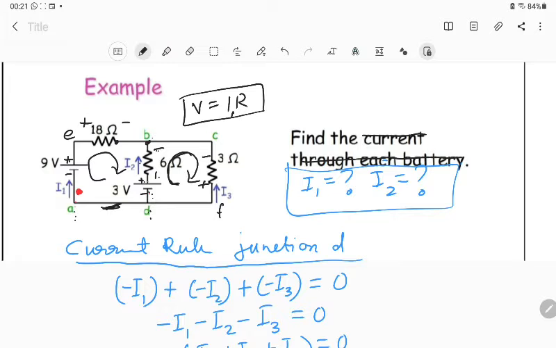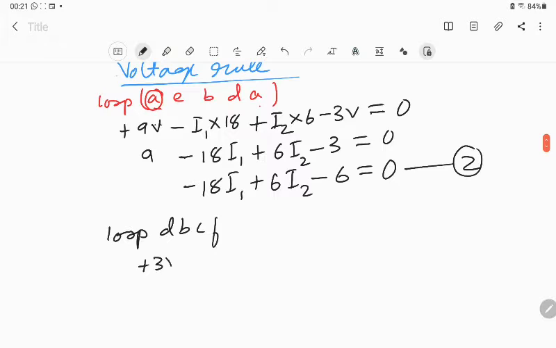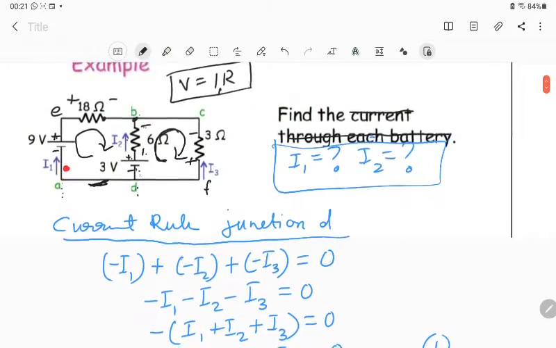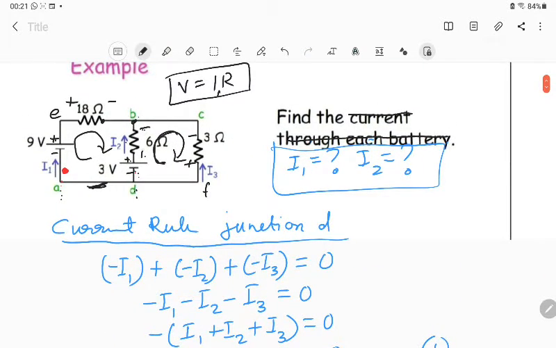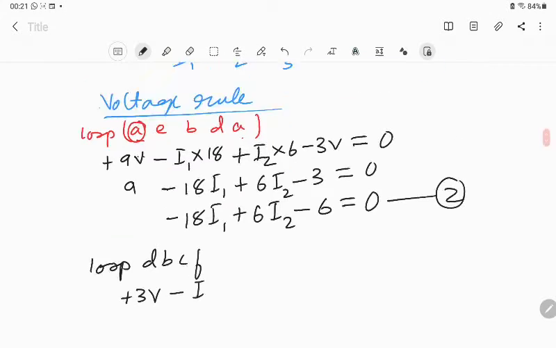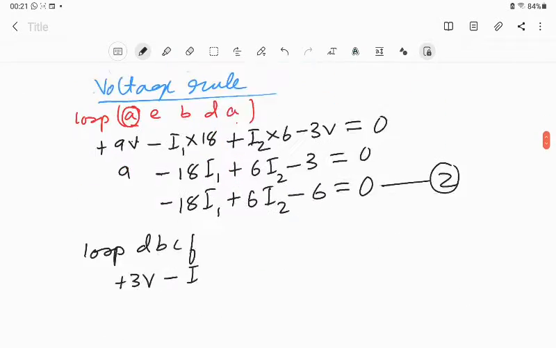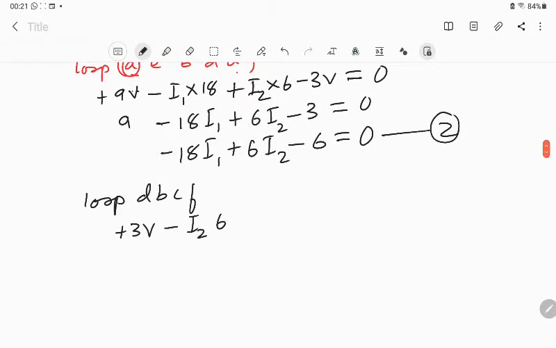Now starting from D, minus to plus, the ending is plus, so it will be plus 3 volt. Now I reach the resistance. This side is positive and this side is minus, so I'm going from positive to negative, so it will be minus I2 into 6.